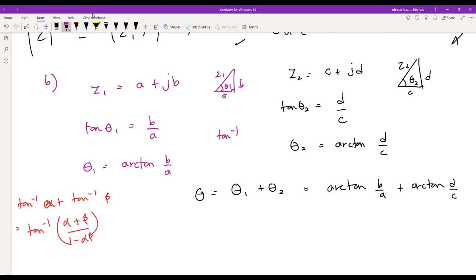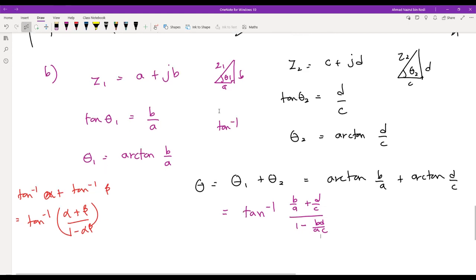So here, tan minus 1 of B over A, so B over A is alpha here, plus beta, which here is D over C, over 1 minus BD over AC, since alpha times beta means B over A times D over C. Just rearrange inside to make it easier.